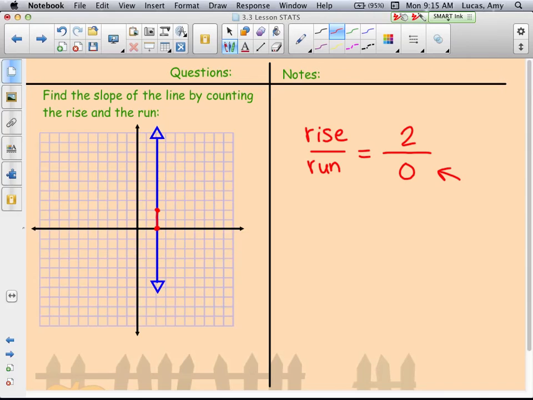Because if you put this in your fraction, it'll give you an error message because you cannot divide something by nothing. So dividing by 0 is undefined. You cannot divide 2 by 0. You get an error message on your calculator. You can't divide 2 by nothing. So all vertical lines have slopes that are undefined.